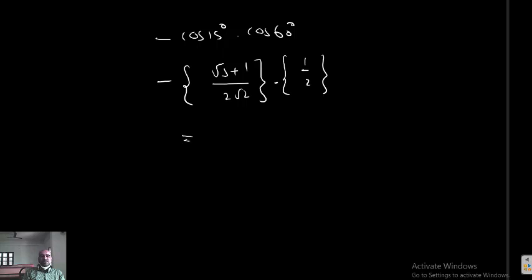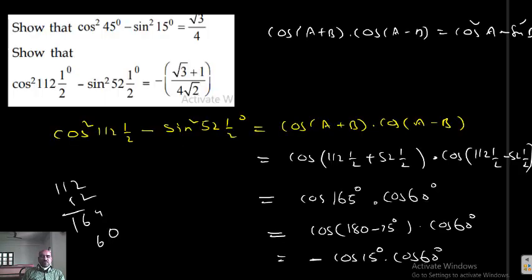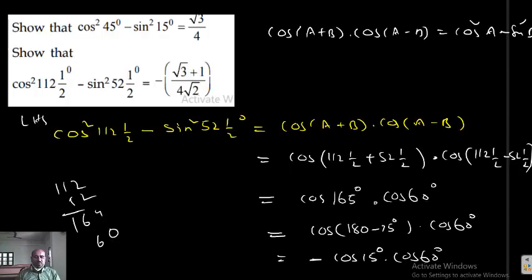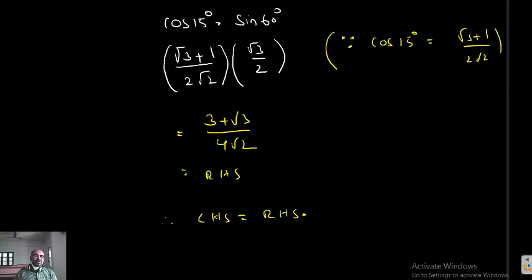Finally, minus of root 3 plus 1 by 4 root 2. So this LHS that I got is the RHS. Therefore LHS is equal to RHS. These are a few problems based on our previous results.